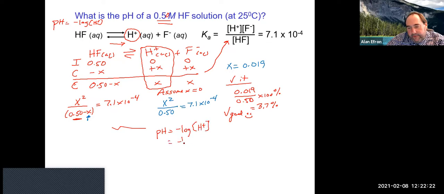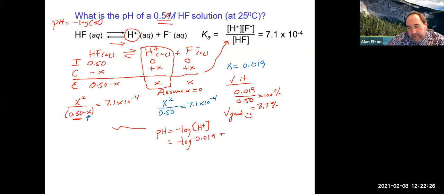If we do that, minus the log of 0.019, that's going to get us a pH of 1.72 in this particular case. That obviously is acidic and is what we would expect it to be.